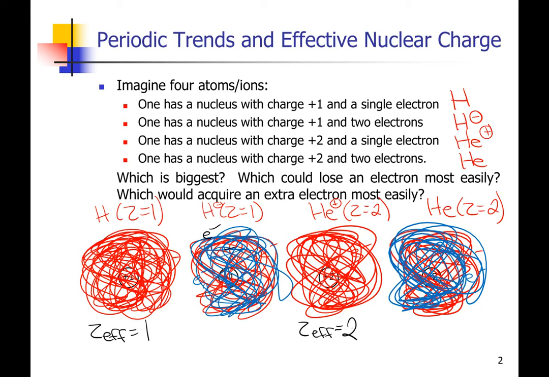And so we can't say exactly what our effective nuclear charge is, not based on this hand-waving qualitative description, but we can definitely say that the amount of positive charge that is being felt by either of those electrons is going to be less than 1. Neither of them is feeling the full +1 charge from the nucleus because it's always shielded some of the time.